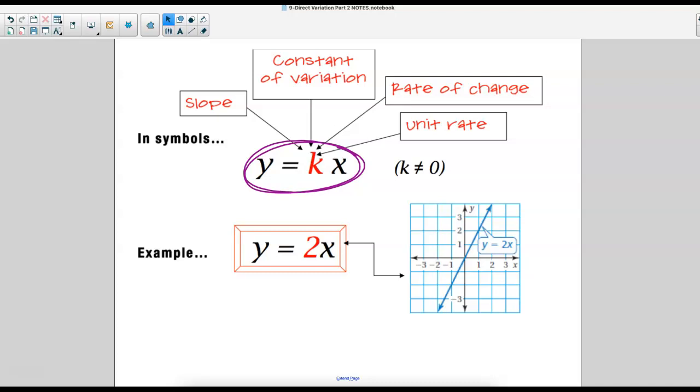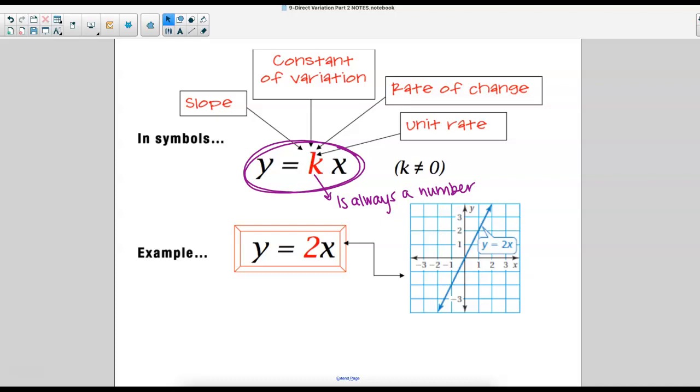Okay, now the letter k is always a number. This letter k represents the slope. It represents the constant of variation. It represents the rate of change. It represents the unit rate. It's all of those things.